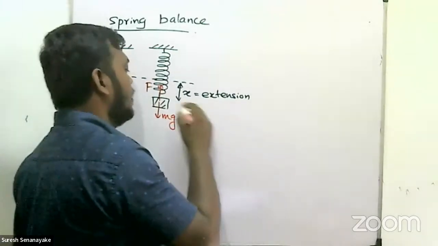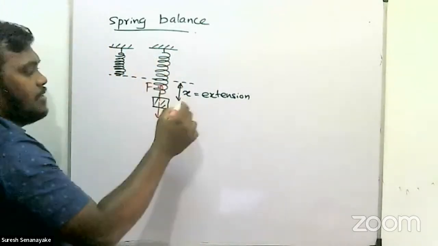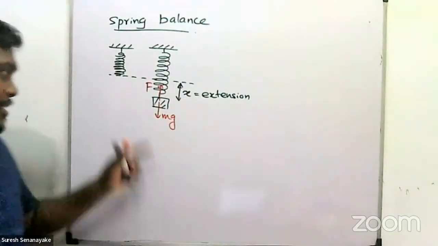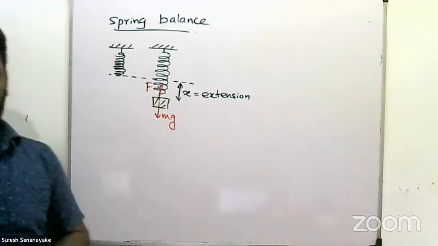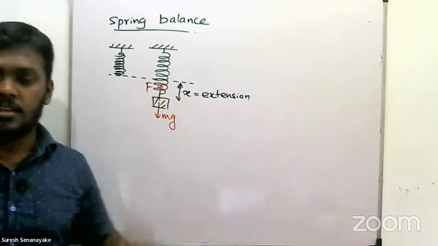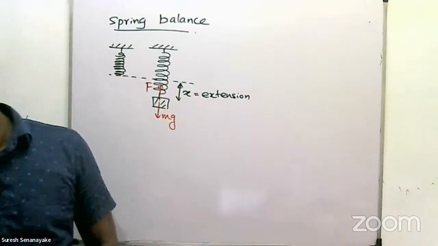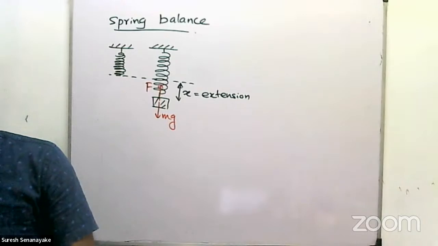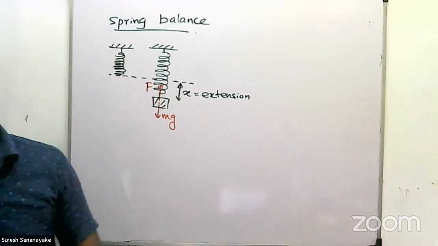According to Hooke's law, this force acting on the spring is proportional to the extension. So the mass hung on it is proportional to the extension. By measuring the extension, you can directly get an idea about the mass. So that is the principle used in the spring balance.